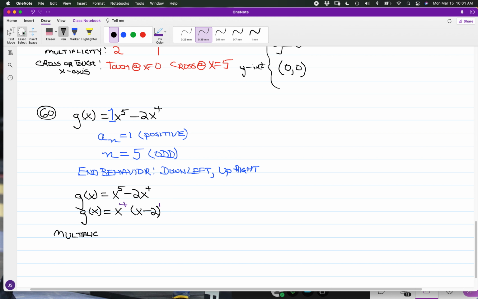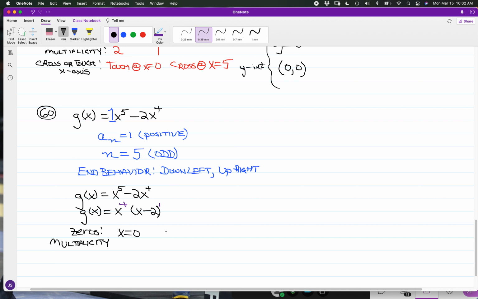So you want to have, in the case of the zeros and their multiplicities, from x, we have x is equal to 0.